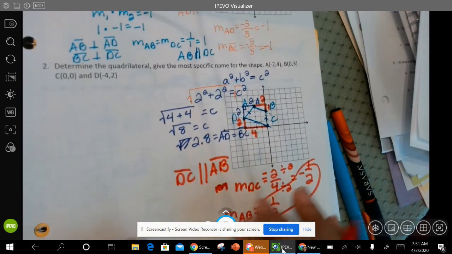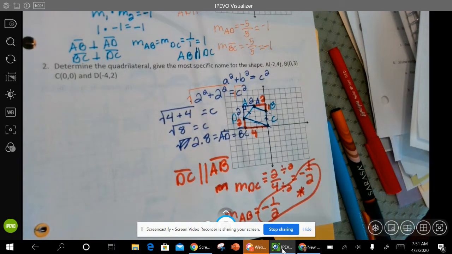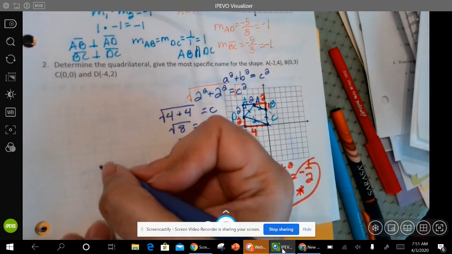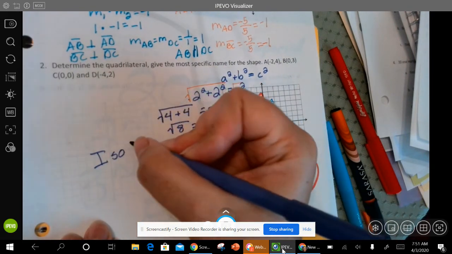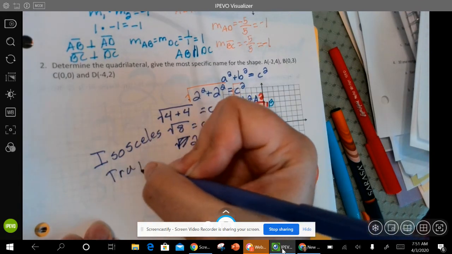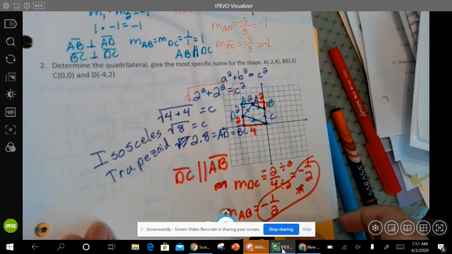Okay, so it's a trapezoid. Trapezoid has to have one pair of parallel sides. Okay, so it's an isosceles trapezoid. So I got this one.